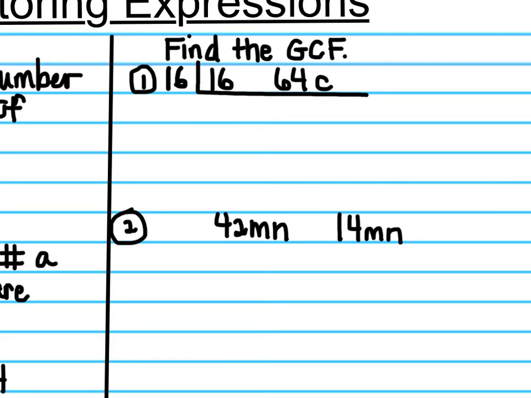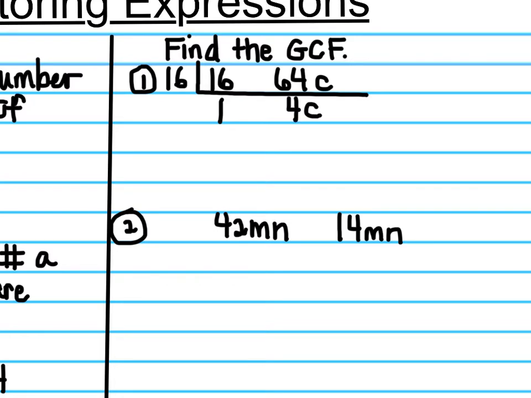And then you divide 16 into both of these monomials. 16 goes into 16 one time, so we write our answer at the bottom, 1. And then on the next monomial, we have 64C. 16 goes into 64 4 times, but then we have the C, so we have 4C.